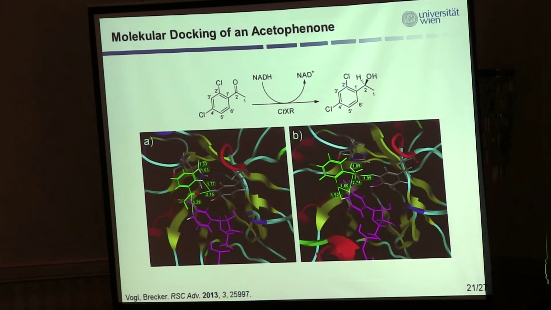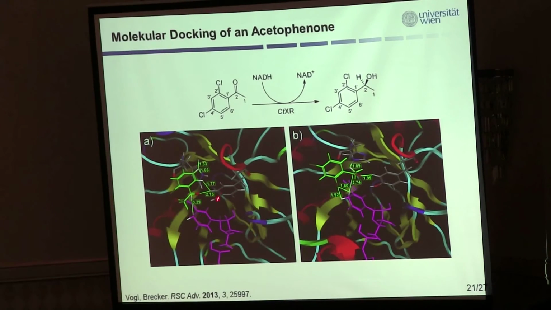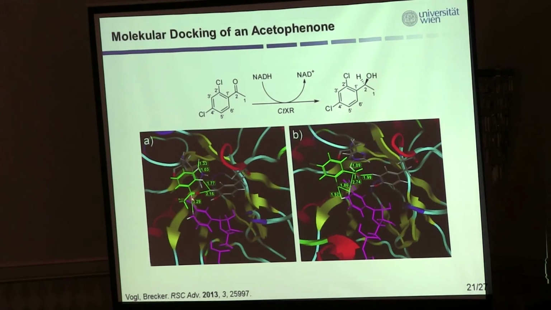Taking a look to the STD NMR, which I don't want to show again because these are only very narrow signals, and here the docking experiment, we have a slight problem because we can very well show that the substrate fits quite well to the active site, and that we have then a reduction of the keto form to the corresponding alcohol in the right way.